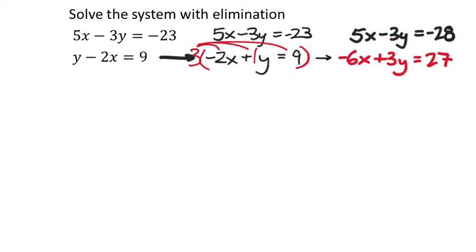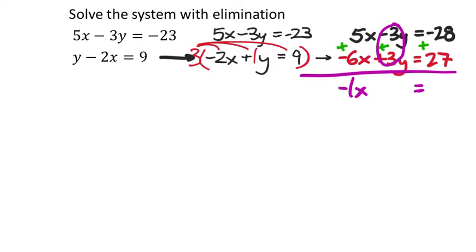Now, elimination is also known as addition. So I'm going to take all 3 of these terms, which need to be combined with like terms. When I add these together, it's going to give me a new equation, but without y's, because 5x plus negative 6x would be negative 1x, and negative 3y plus 3y does actually zero out. It eliminates.